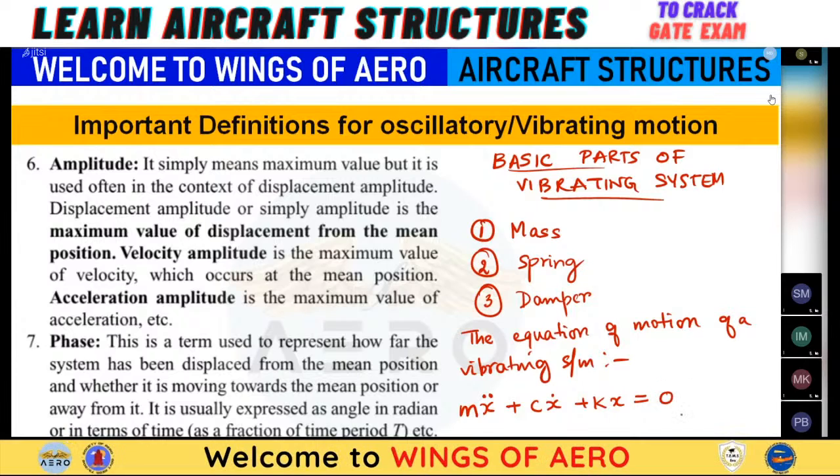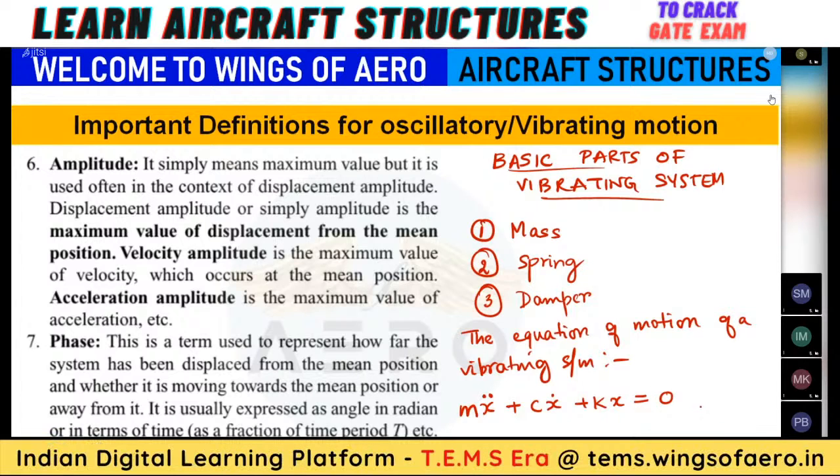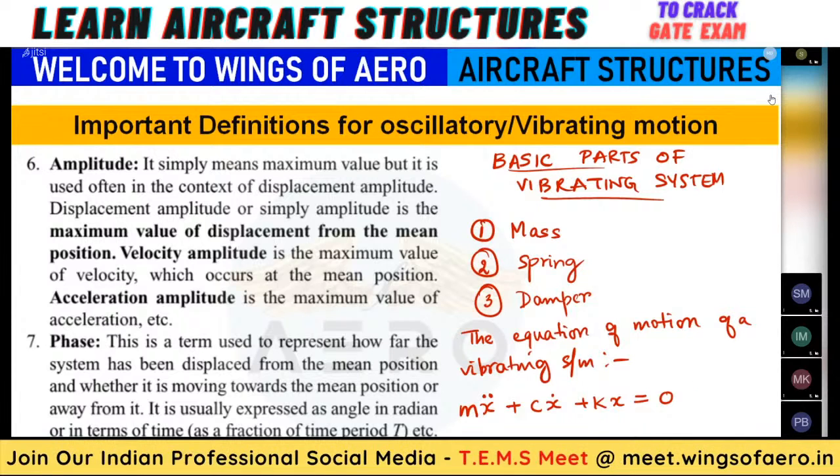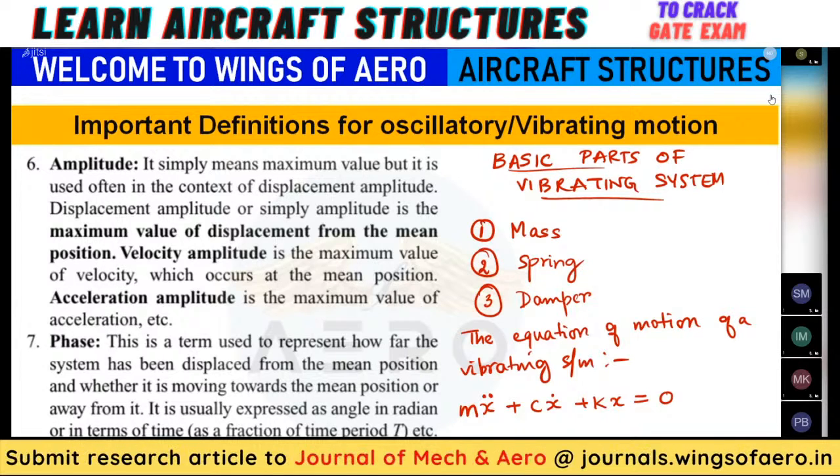When I equate it to 0, that means I am considering free vibration. Vibration can be free vibration or forced vibration. Free vibration, by the name itself, is the system vibrating by itself, right?